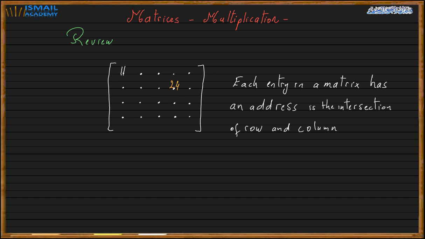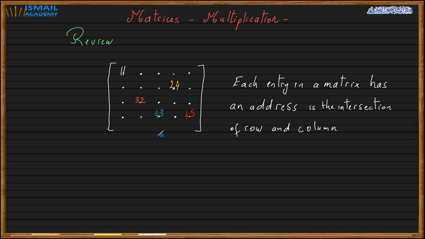That one is the fourth row, third column. Those are the addresses of each entry. This example is fourth row, fifth column.